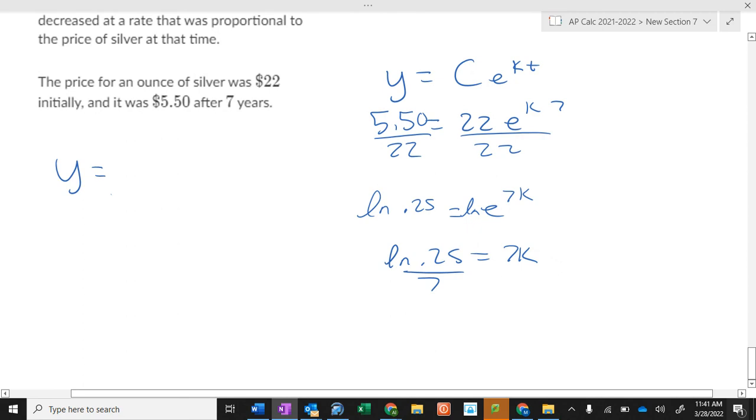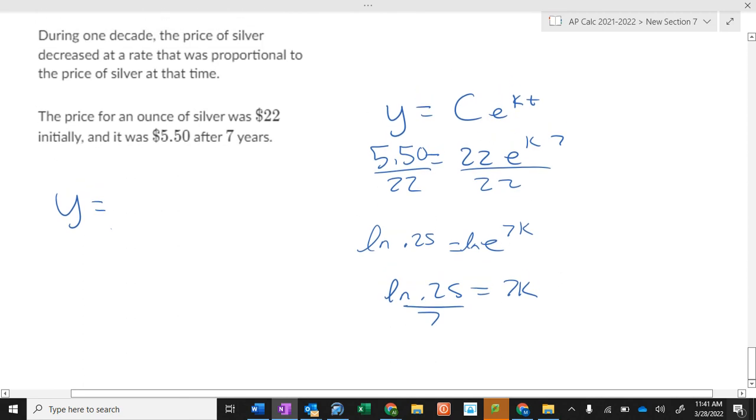Let's just say it asks, what is it after 10 years? So y equals 22e to the ln of 0.25 divided by 7 times 10. That is 10 divided by 7 times ln of 0.25.